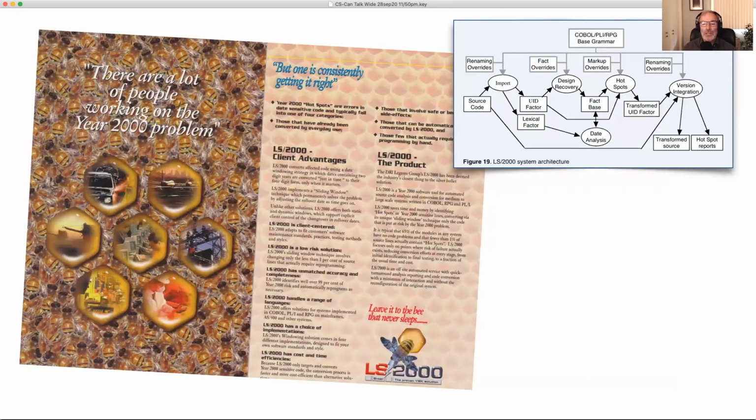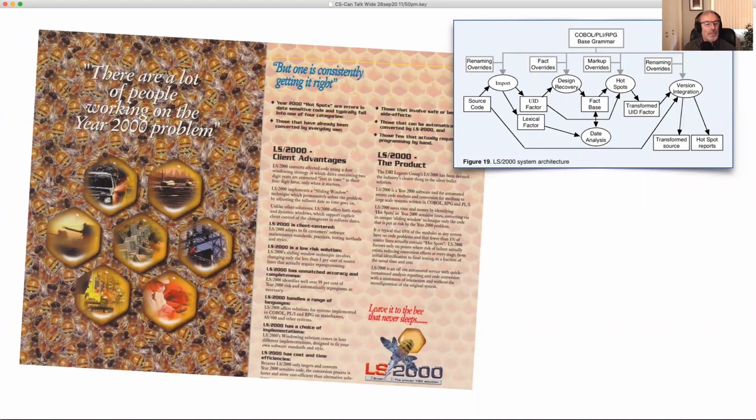We created a system with about 30, I think, or 40 TXL transformations in it to do design recovery on COBOL, PL1, and RPG programs, to create a fact base, to identify from that fact base hotspots, we called them, in the source code, so places where dates are manipulated, and to do an analysis of that fact base to infer ones that we didn't know, and then finally to transform the source code to fix the Y2K problems.